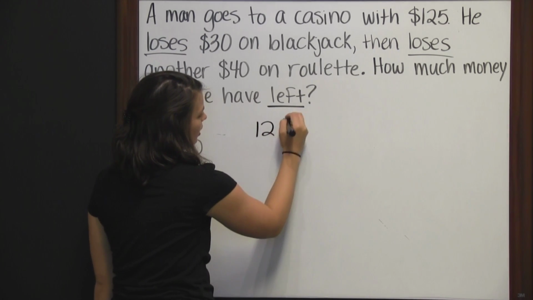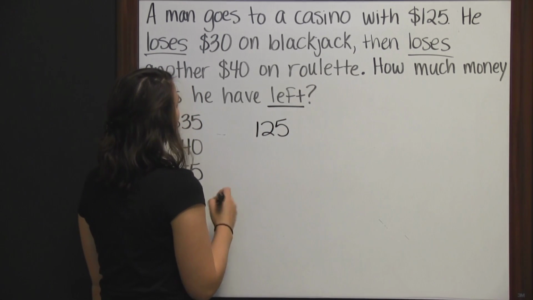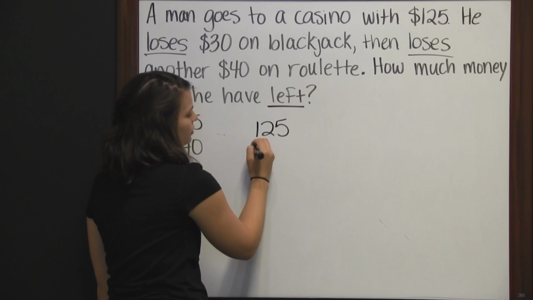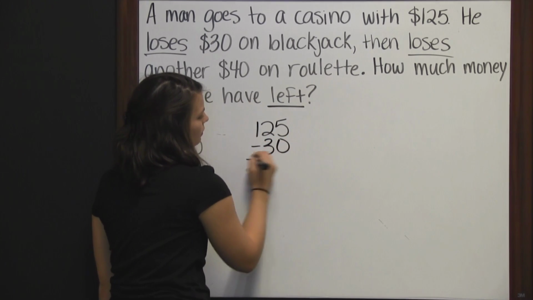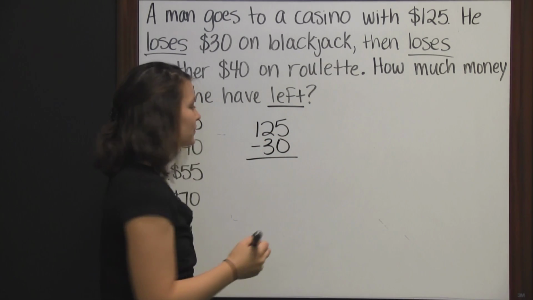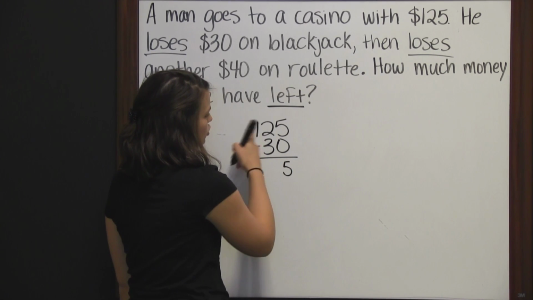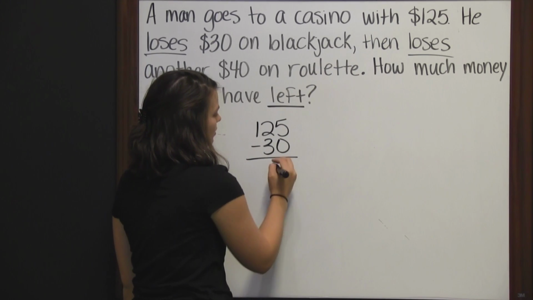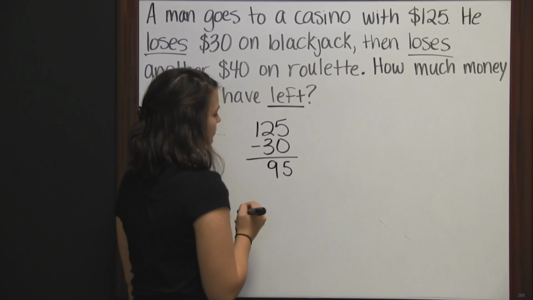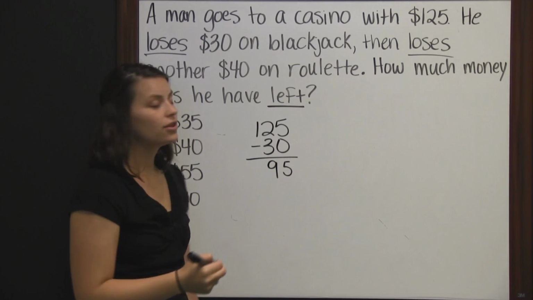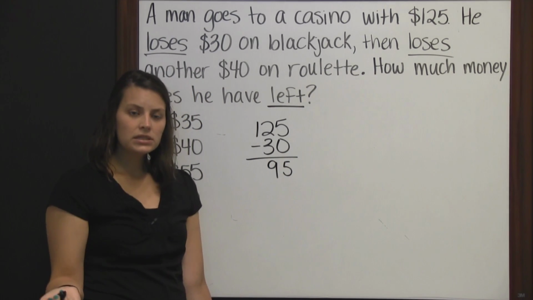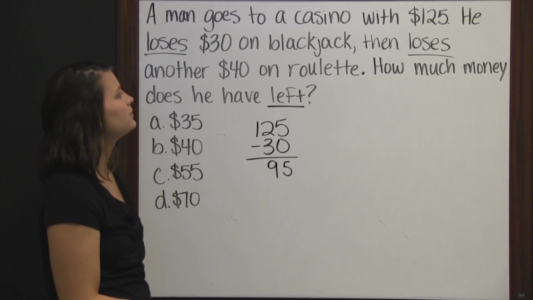So he started with $125. Then he lost $30, so subtract $30 from how much he has. 5 minus 0 is 5, and 12 minus 3 is 9. So after he lost the $30, he still had $95 left.